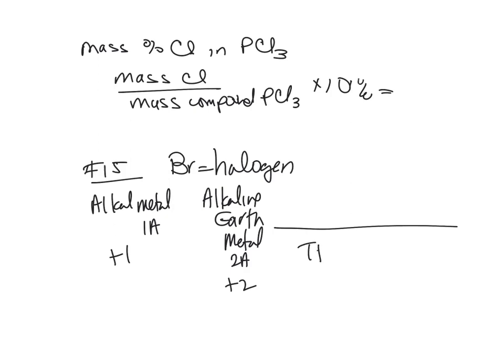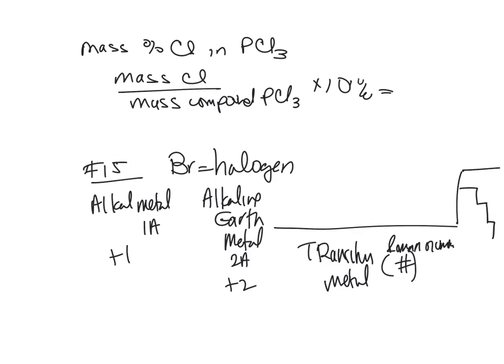This is the transition metals, and they have a variable charge, so it's like a Roman numeral in parentheses when they form compounds. And then over here you have the stair step, which is the metalloids.